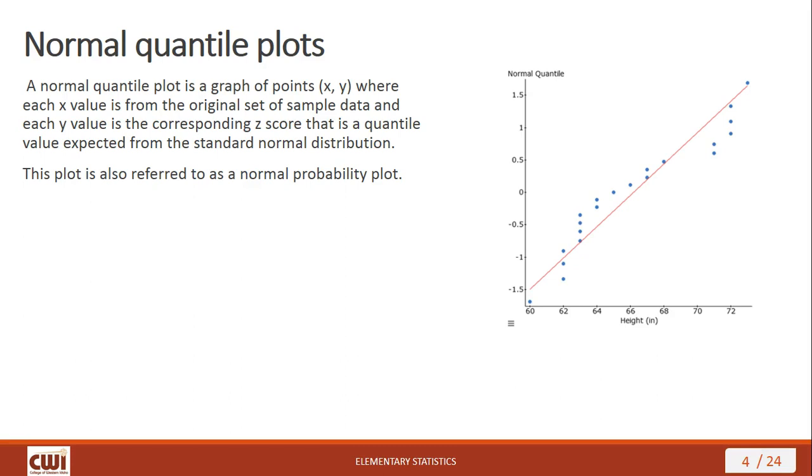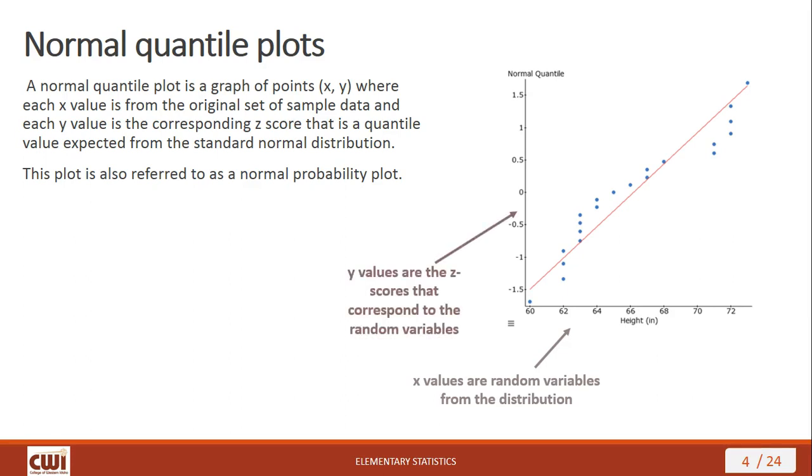And if they conform to the straight red line that you see there in the center of the plot, then we would say that the distribution is normal. For this reason, this normal quantile plot is also called a normal probability plot. Notice that the x values are random variables from the distribution, and y values are the z-scores that correspond with those random variables.